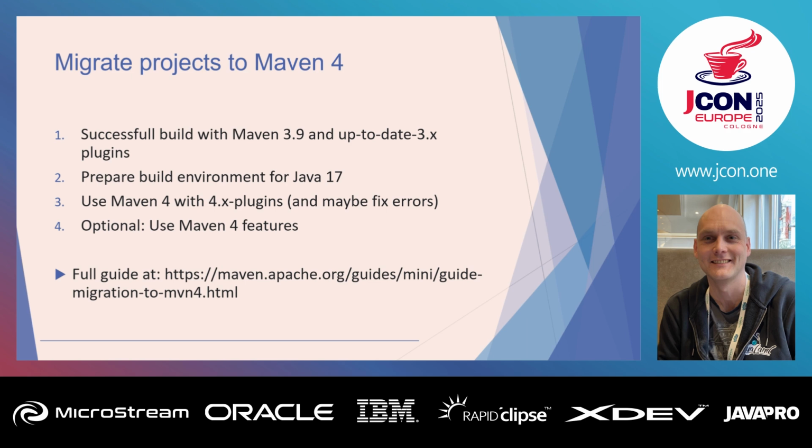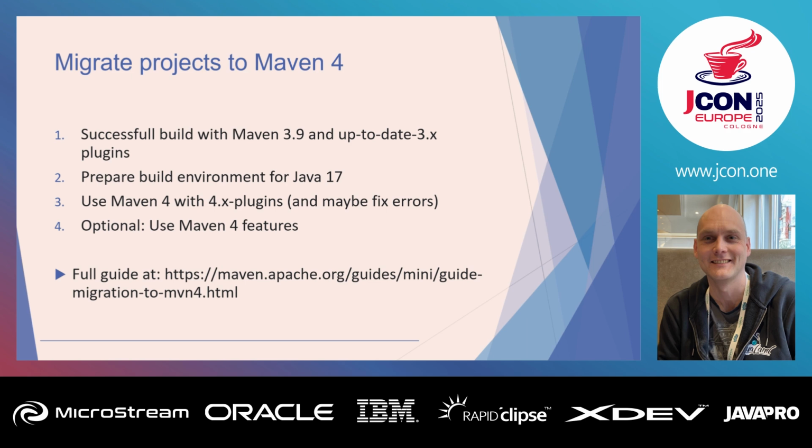Don't use those versions yet, or only with the Maven 4 release candidate. So make sure that your project builds with 3.9, that you are up to date there. Then you should have no problems when you just switch to Maven 4 under the hood. What you have to do is prepare your build environment, locally, your CI server, whatever, so that it is capable of running Java 17.